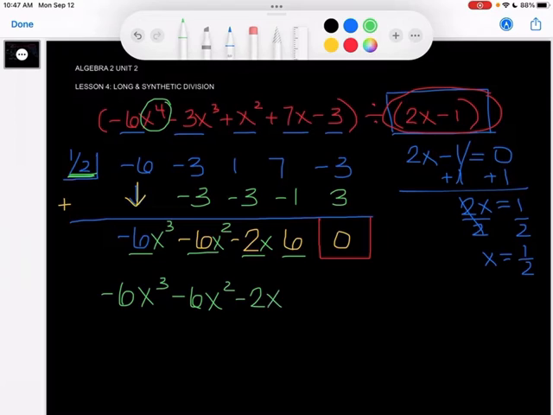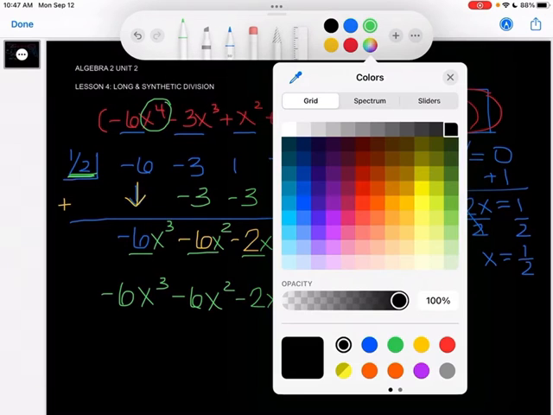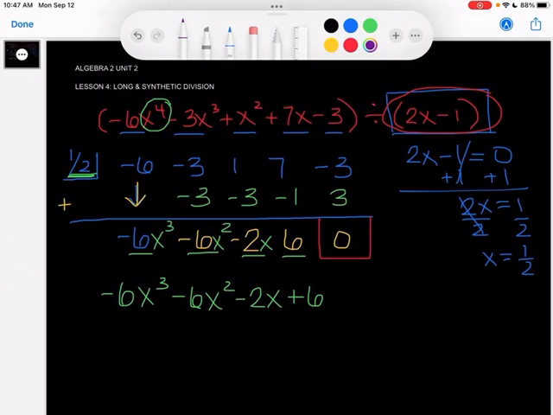And there's no remainder. Now, one last thing on this problem. If your linear factor, what you're dividing by, doesn't have a leading coefficient of 1, and in this case it doesn't, if it was x minus 1 or x plus 1 or x plus 4, you'd be done at this point. But that's not the case here.